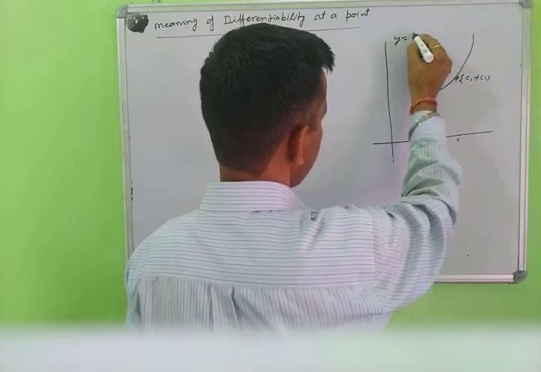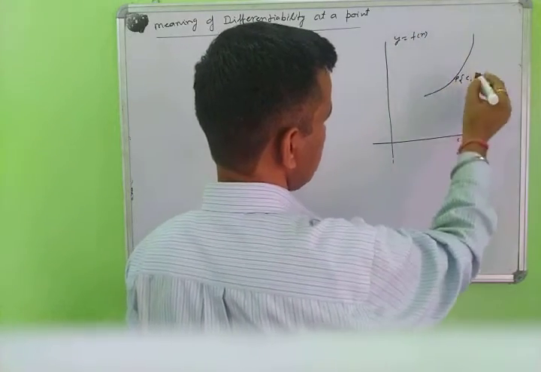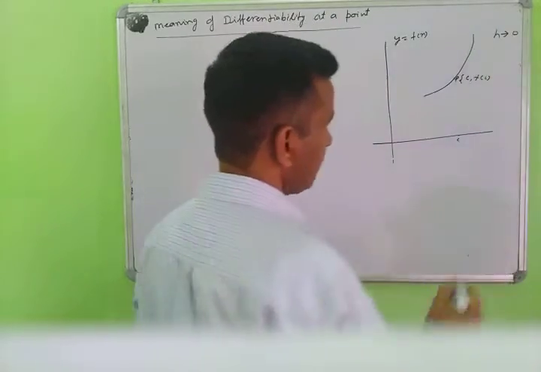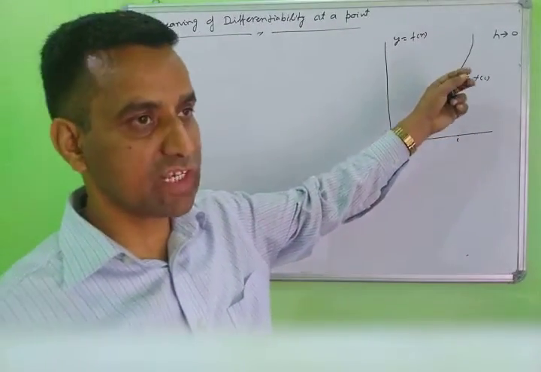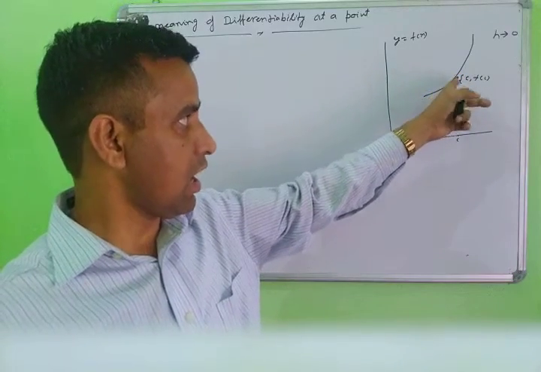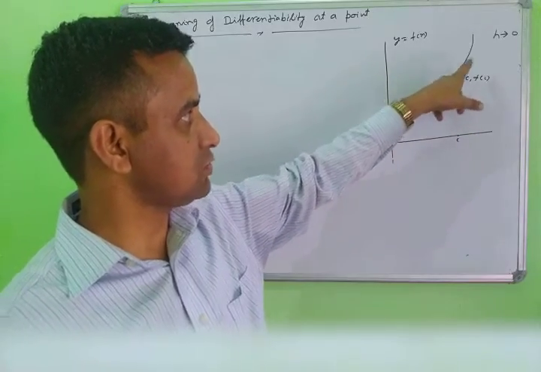The curve is y equal to f(x). Now, as h tends to 0, it means a very minor difference on the left hand side and a very minor difference on the right hand side of the point P, nearest to 0.